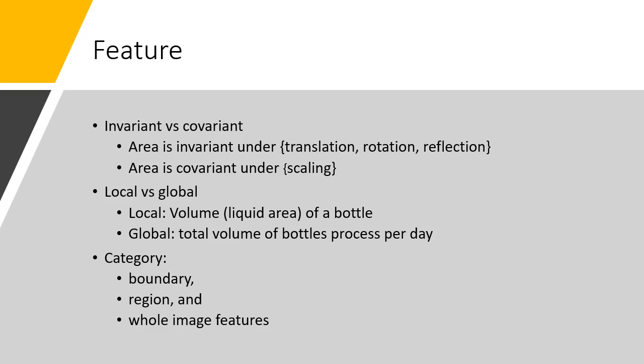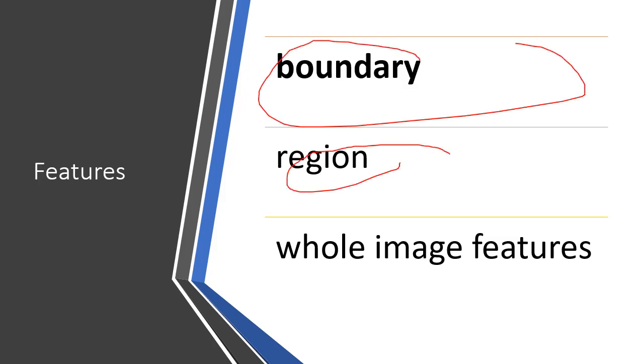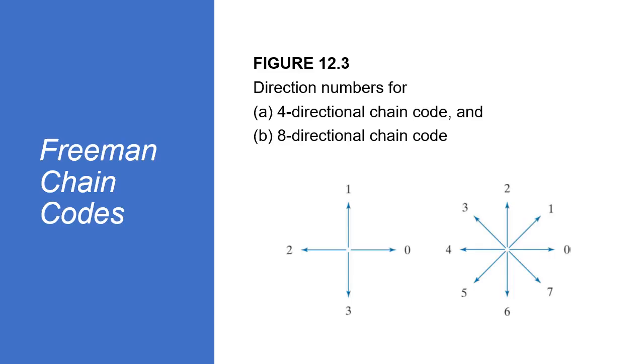We start with the boundary category, then continue with regional features, and then we will close our meeting with the whole image features.